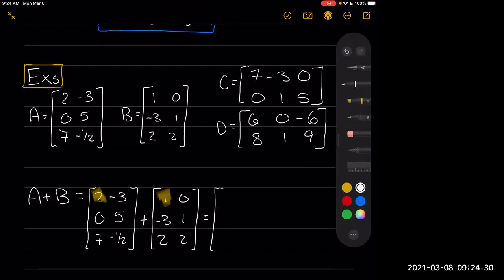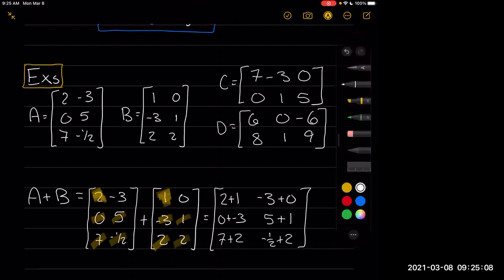We're going to see that we have 2 plus 1. And then we're going to move on to the next one. We're going to do negative 3 plus 0. And then 0 plus negative 3, which is us moving from here to here. And then we're going to do 5 plus 1. And then 7 plus 2. And finally, negative 1/2 plus 2. So we're going to take away a half.